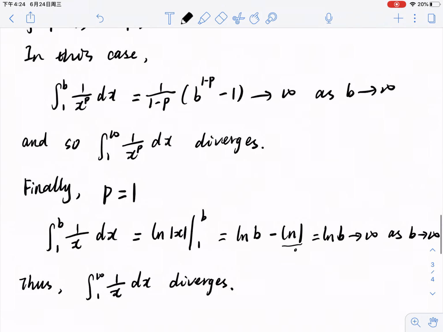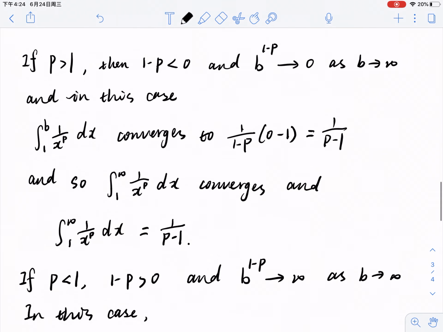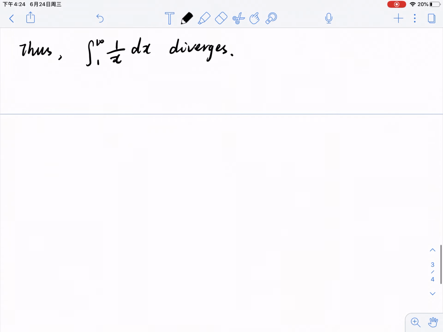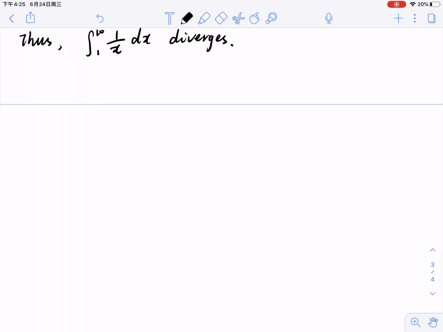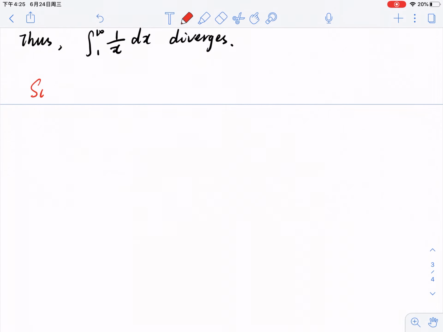Then we talked about all the cases: p equal to 1, p less than 1, and p greater than 1. So now we summarize what we got. This is the improper integral of 1 over x to the power p, from 1 to infinity dx.